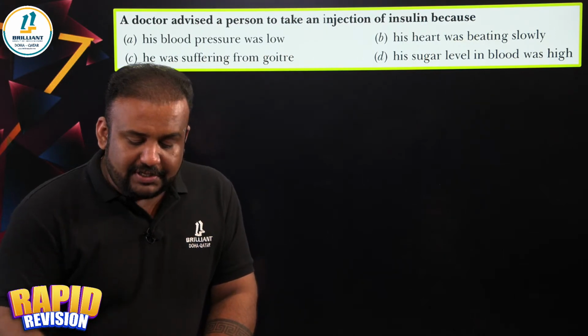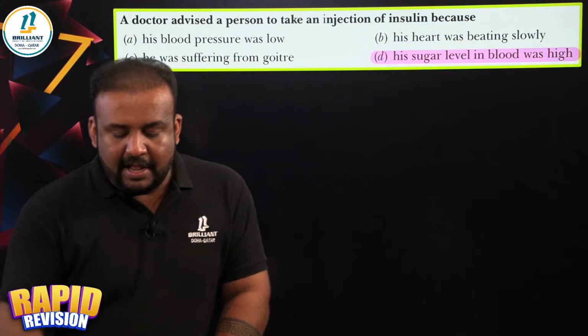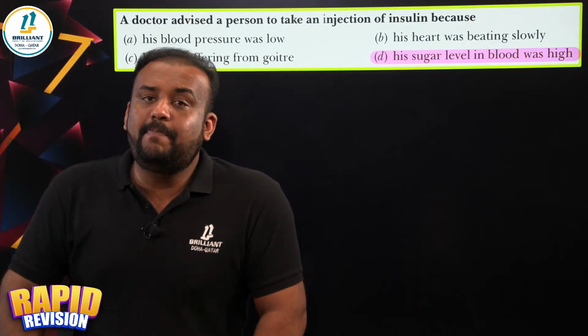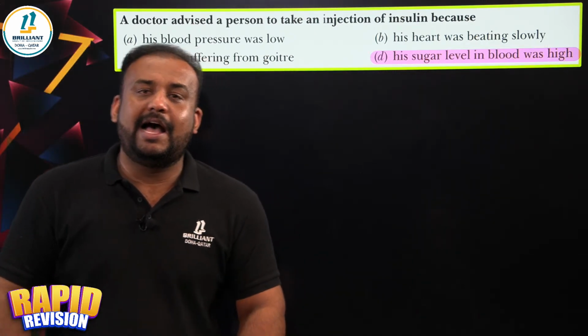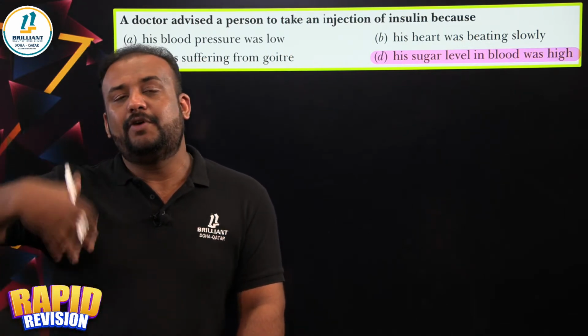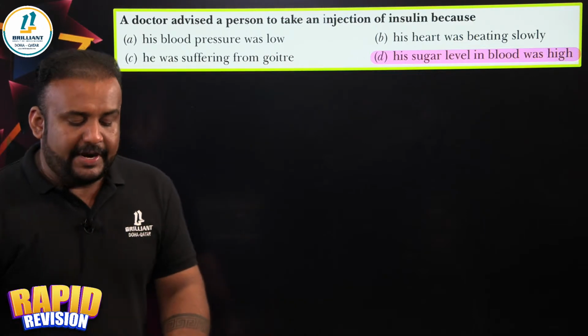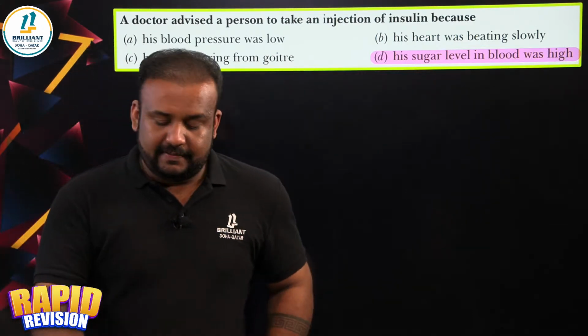The reason why the doctor would suggest insulin injection is when the blood sugar level is very high. This condition is called hyperglycemia, where you have more sugar in your blood. Is that clear? Right. So the right answer is D.